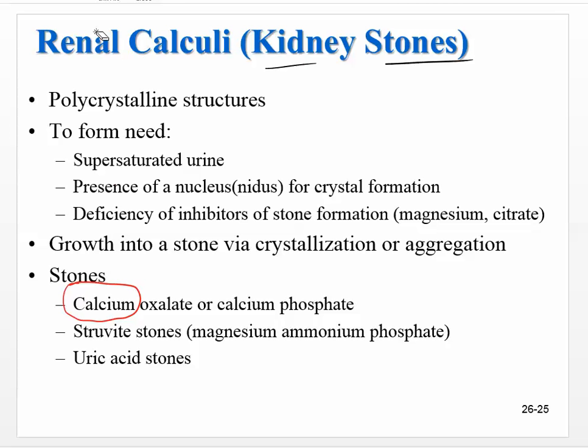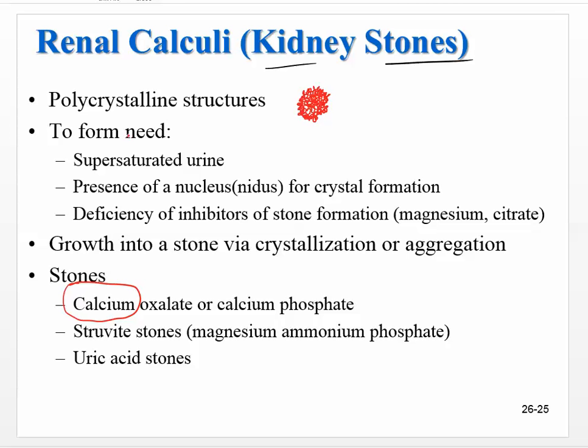They're polycrystalline structures, so they're crystals. Okay, so you have a crystal that forms, then you have another crystal that forms on that one, and so you have this formation of these crystals that can grow. Okay, and so you have this lattice of a crystal, and that's what crystals do. They sort of start at one point, and then they just kind of add on to themselves, and they grow and they grow and they grow.